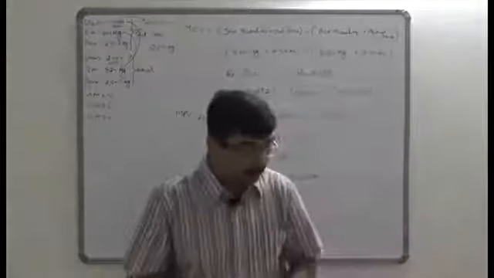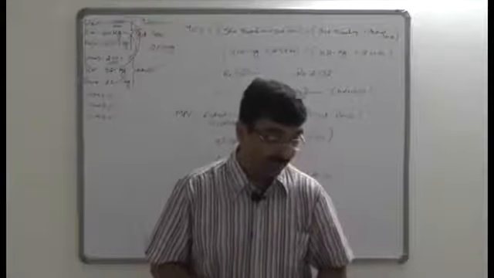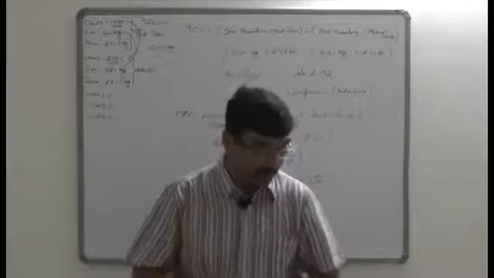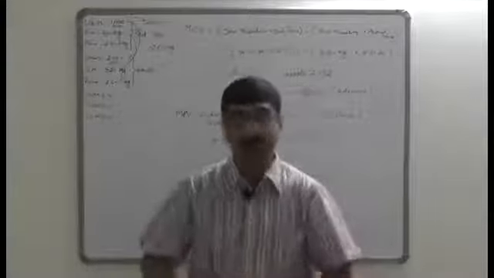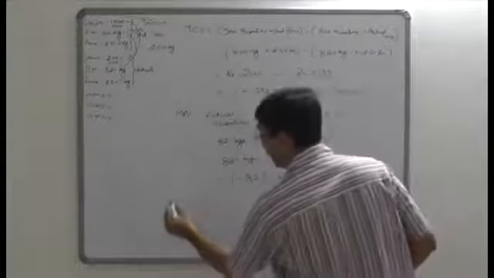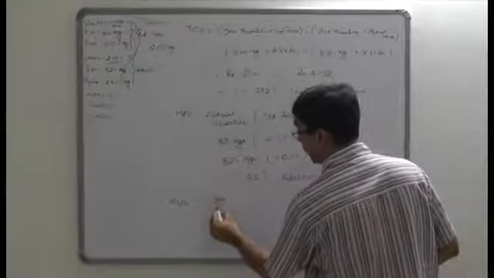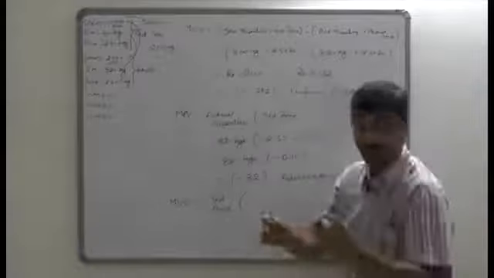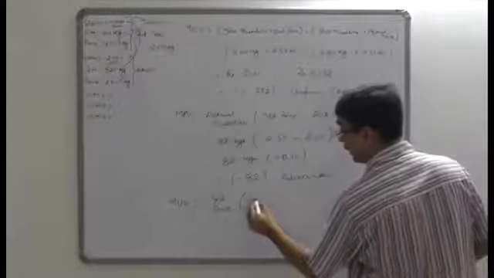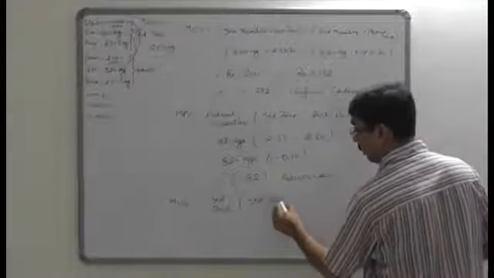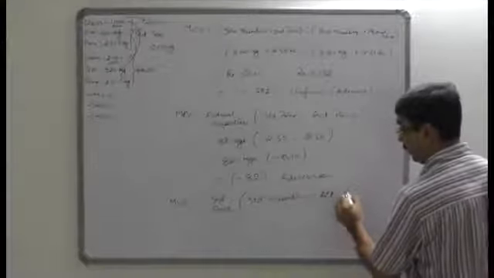Now moving to the third variance, material usage variance. When you find the material usage variance, it is just a comparison of the quantity with the standard price. So material usage variance is equal to standard price into bracket standard quantity minus actual quantity.